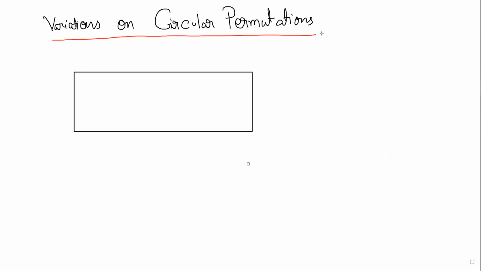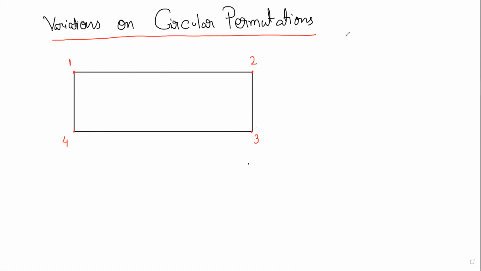We have a rectangle, with 1, 2, 3, 4 vertices. Let's just say that this is a rectangular table and the people are sitting at the 4 endpoints.